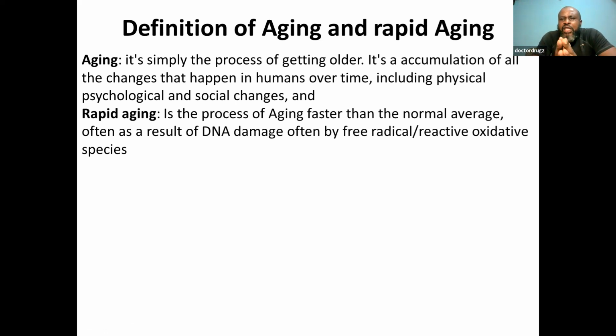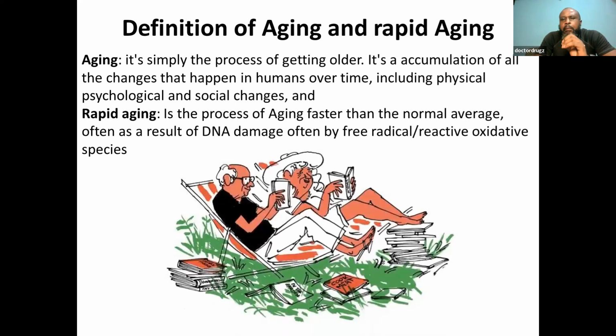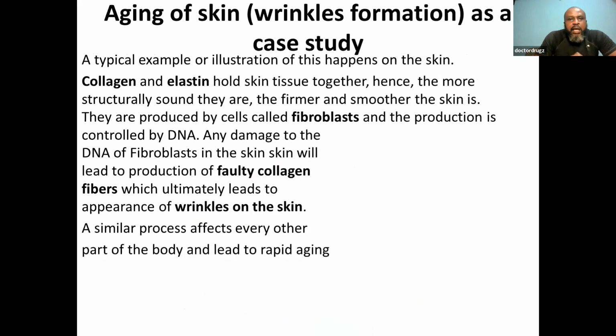Now, rapid aging is the process of aging faster than normal. And it's often as a result of what? DNA damage, often by free radicals or what you call reactive oxidative species. Subsequently, I'm going to give you an idea of that.